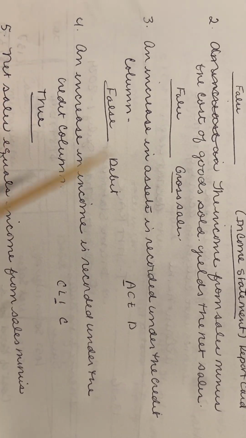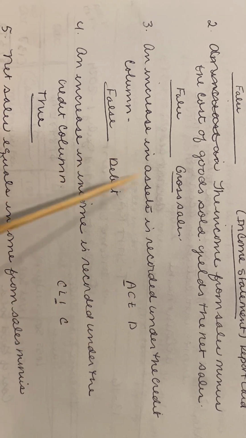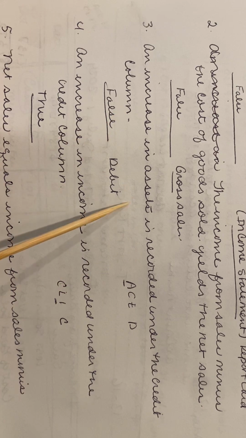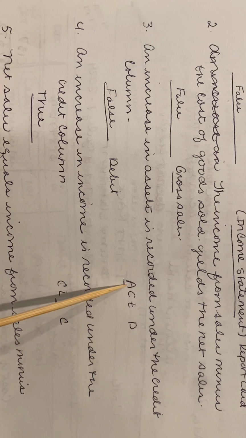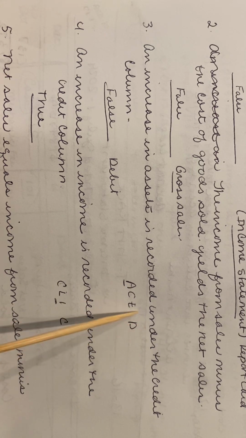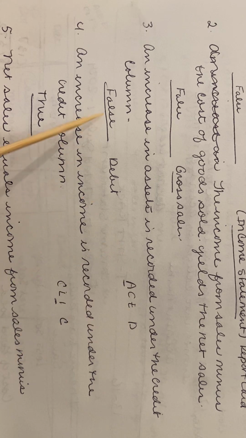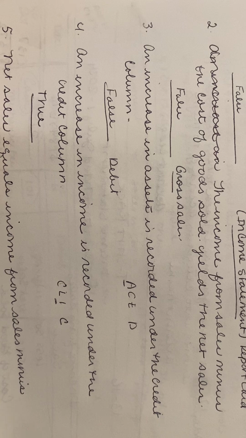Number 3, an increase in assets is recorded under the credit column. Okay, if you said the asset, if it's an increase, it's going to be in the debit, right? Because you increase the assets, it's going to be in the debit. So it's not in the credit, it's going to be in the debit. So this is false. Whenever you have an increase in assets, it's always going to be a debit.